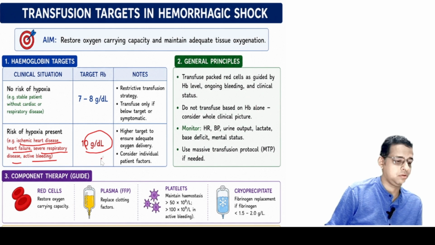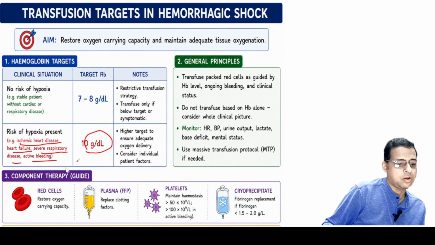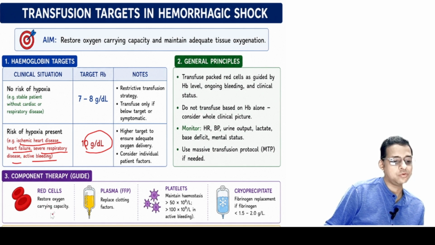And the next thing is component therapy, which is very, very important. Red cell transfusion helps in restoration of oxygen carrying capacity, and plasma, FFP, replaces clotting factors. You have to know that. Platelets maintain hemostasis. These are the two things you have to know in active bleeding.